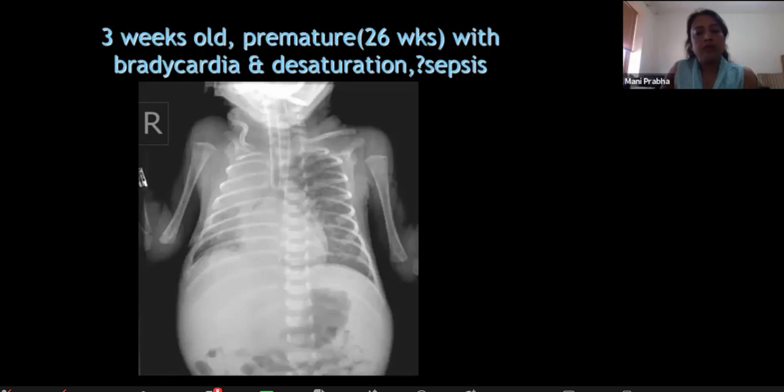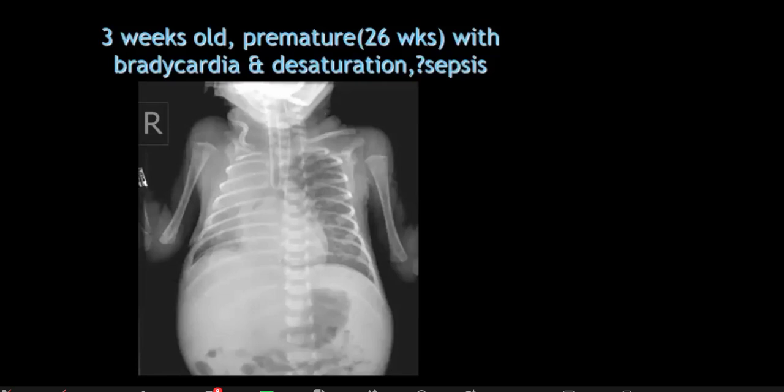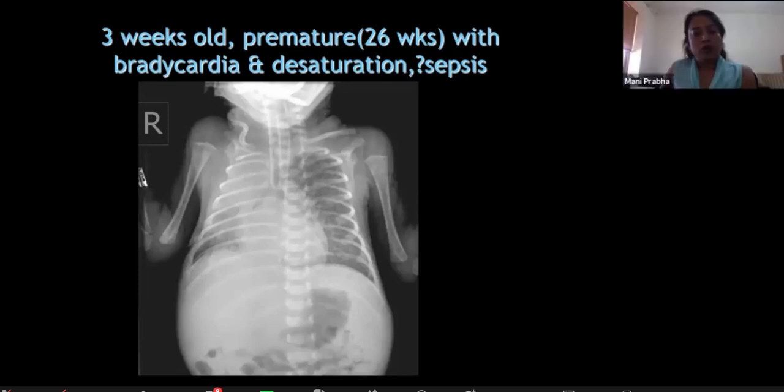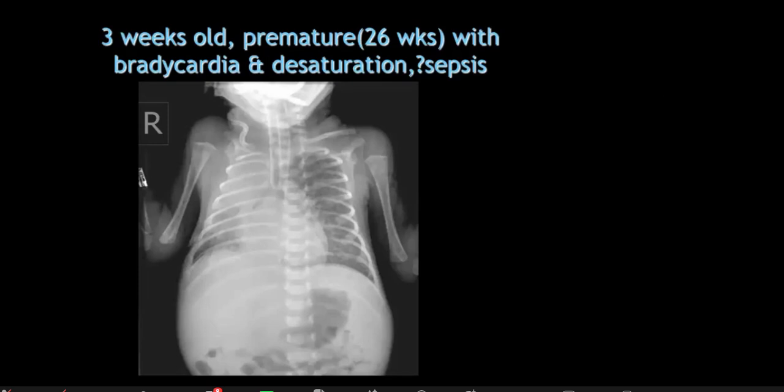What is happening in the rest of the lung? What else is going on in the lungs? Okay, the rest of the lung. It doesn't look normal? No, it doesn't. So there is reticular nodular shadowing on the left side, and I can't see any pneumothorax.